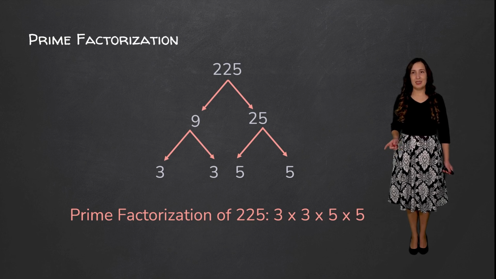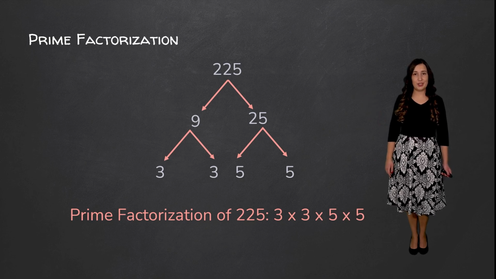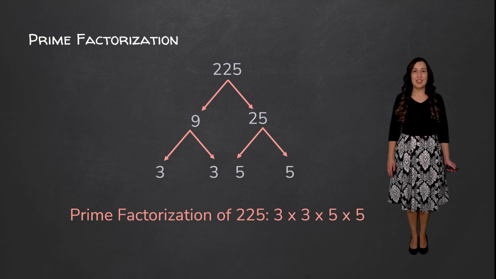If we did 3 times 3, we would get 9. 9 times 5 is 45, and then 45 times 5 is equal to 225, all right? So if you're unsure of your final answer, just multiply all the numbers together and see if they give you the number that you started off with, because it should, all right?